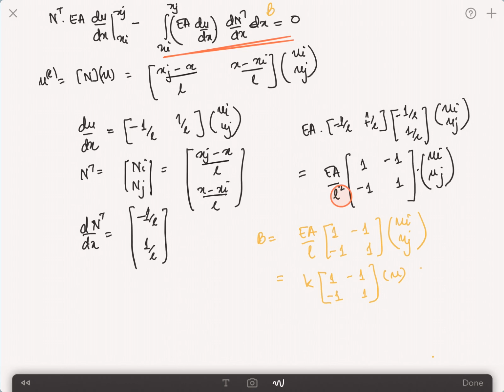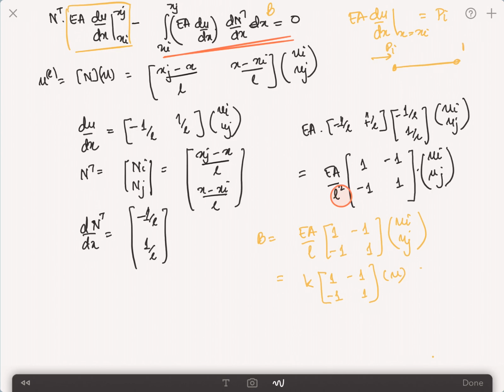Now we can take the rest to the other side, or we can also just do it here. It's quite easy to figure out that this is nothing but the boundary condition. So if you look at the equilibrium equations again, then you know that EA du dx at x equal to xi is equal to pi for a certain element in the free body diagram.